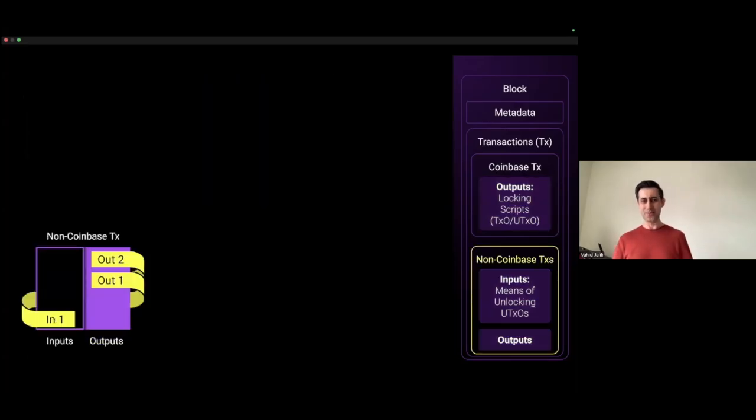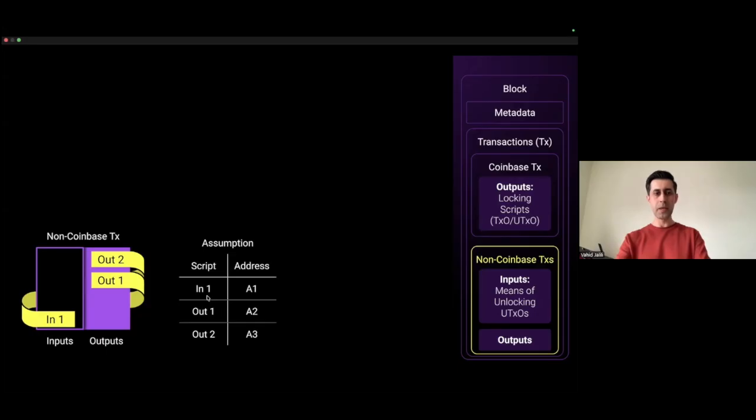So with that background, sorry, that was a long, extended background on Bitcoin. The way that we create a graph out of this is, let's say we take a non-Coinbase transaction, and this one has one input and two outputs. We assume that we can associate the input script with an address. We know the address. The address is A1.